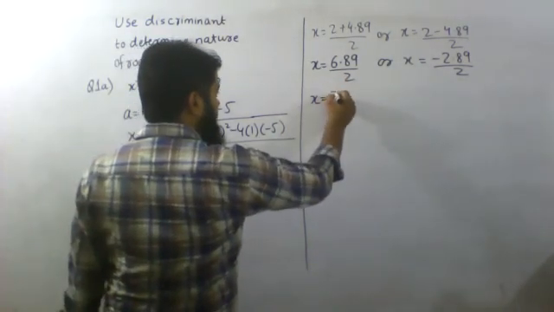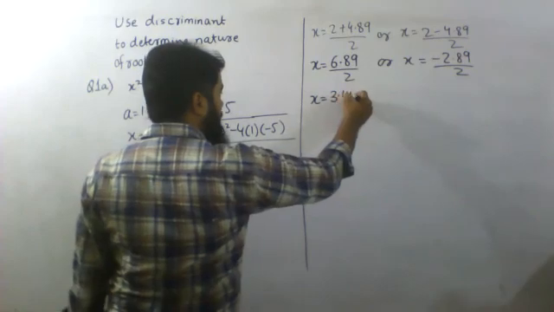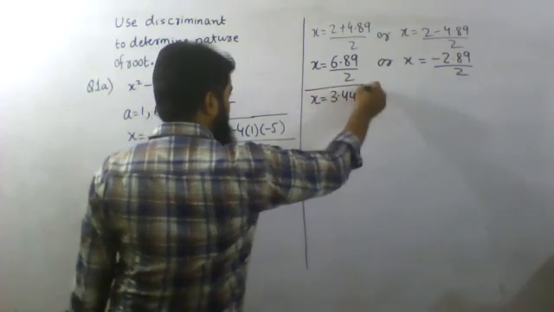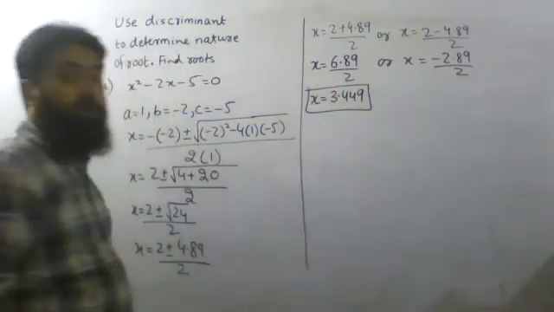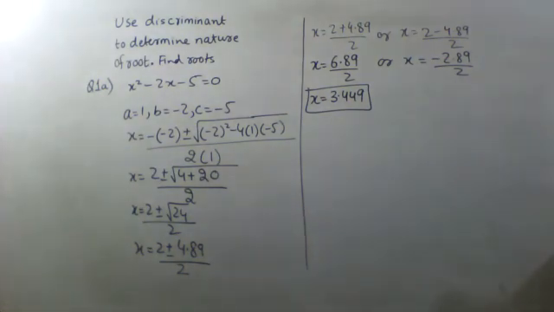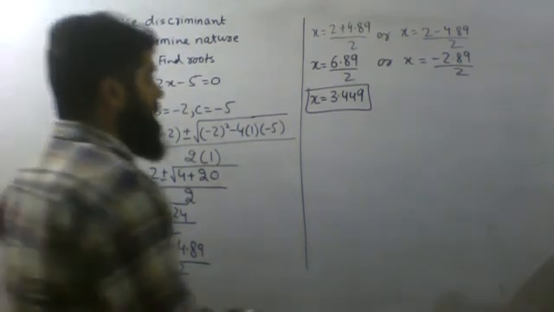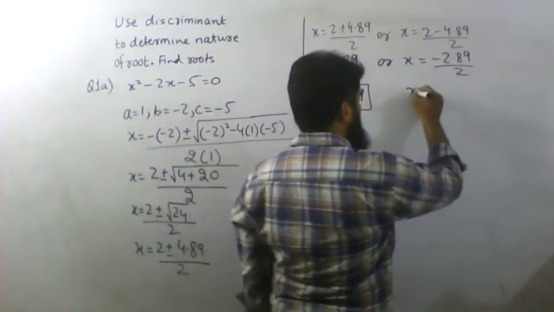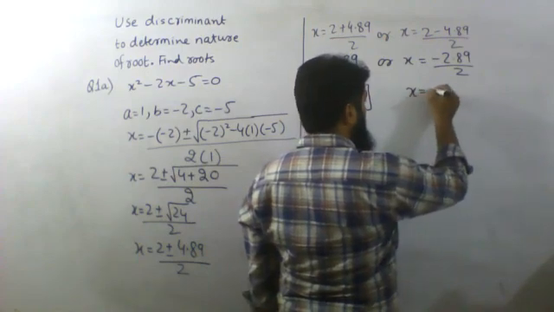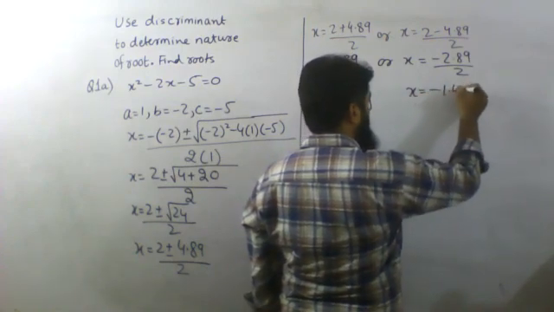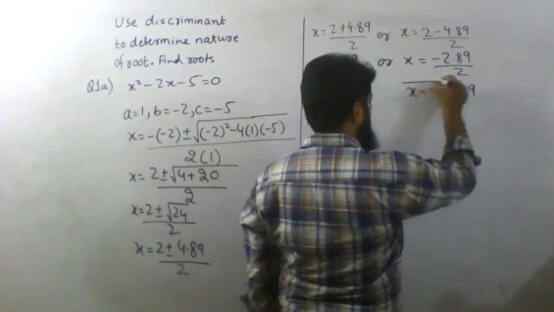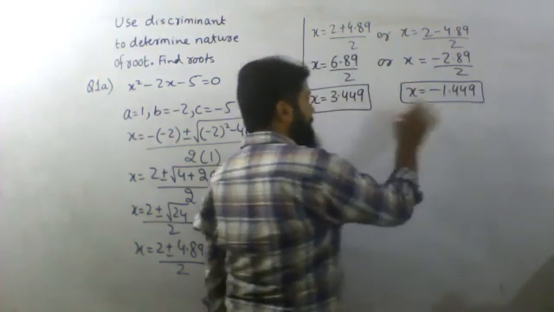The result will be coming 3.449. When I have simplified this one, 6.89 divided by 2, my result is coming 3.449. And simplify this one, the result is going to be minus 1.449. Okay, this is your answer.